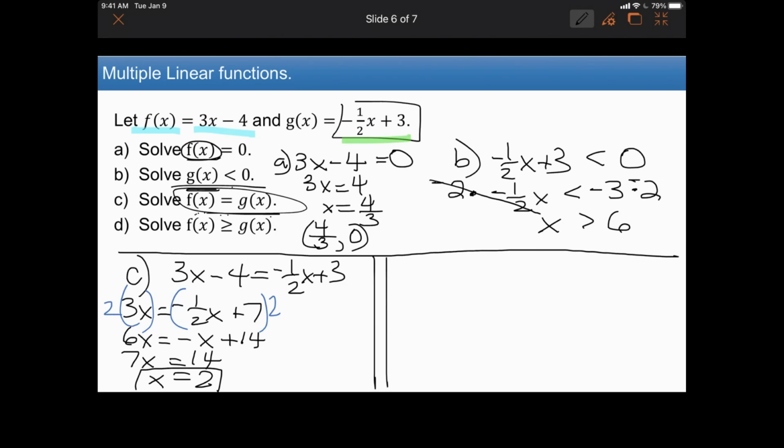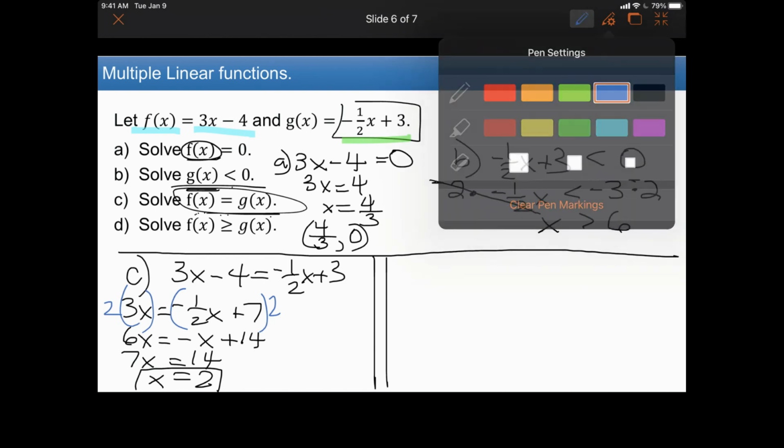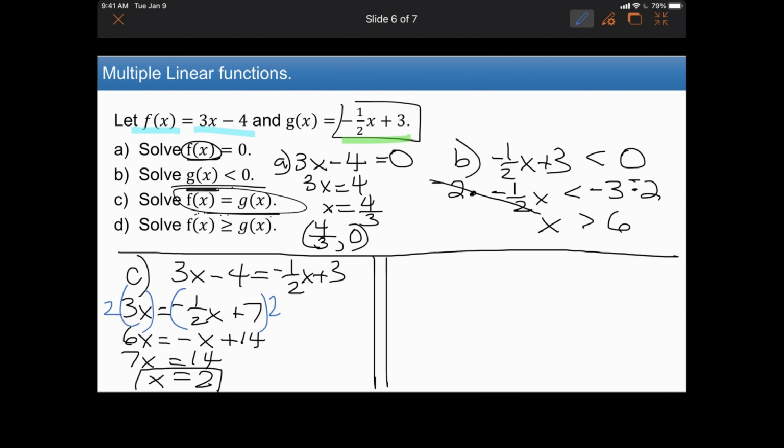All right, D. f of x is greater than or equal to g of x. Well, wait. Isn't that almost identical to the problem before? It does. What's the only thing that's different? Well, does that mean the only thing that's going to change is here? That I don't have to do it?